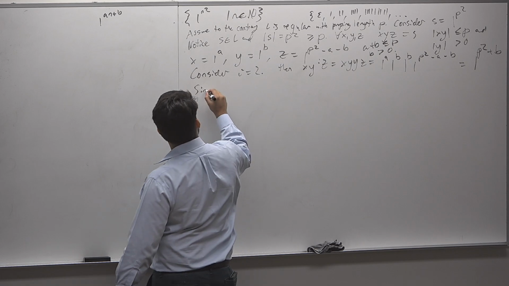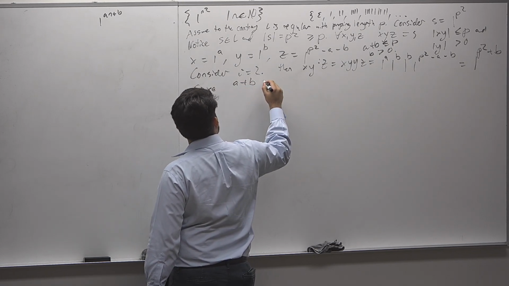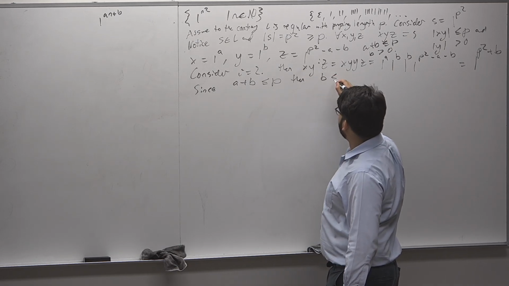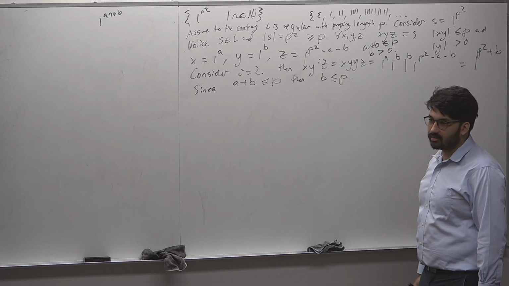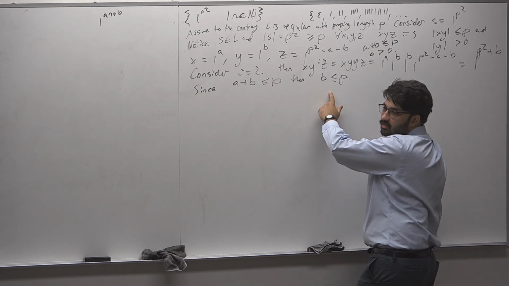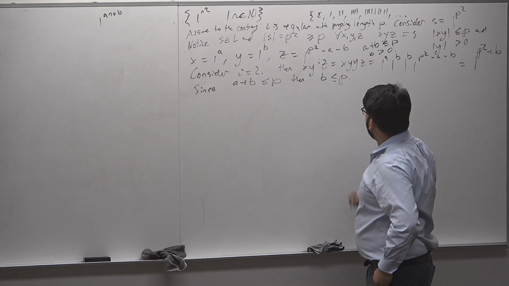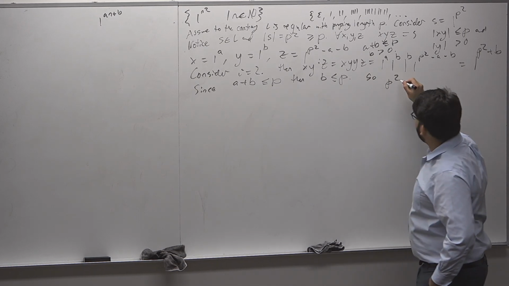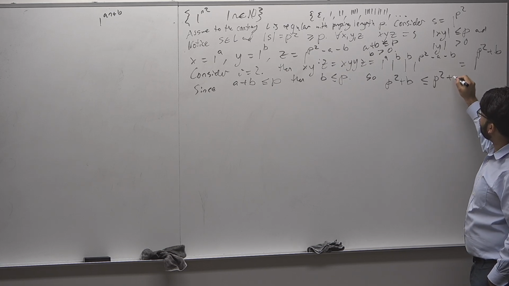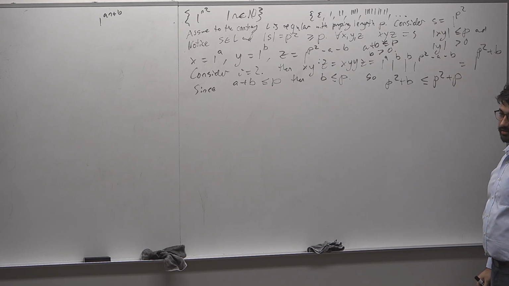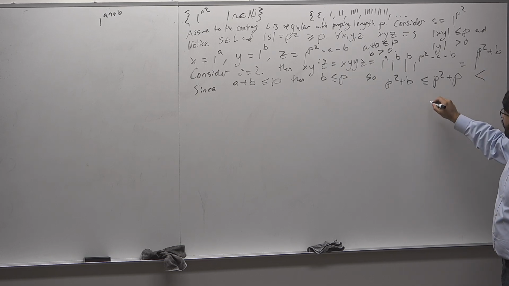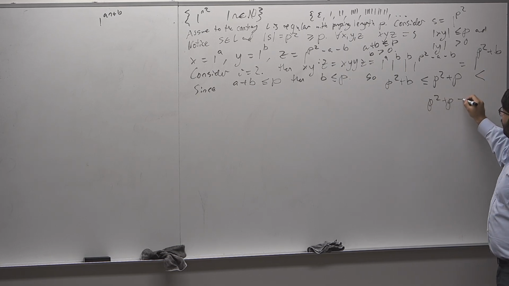Since a plus b is less than or equal to P, then we know that b is less than or equal to P. These are all lengths of strings. So if the sum of these two things is less than this, then each of the parts must also be less than this. So P squared plus b must be less than or equal to P squared plus P, right? Now, P squared plus P is less than or equal to P squared plus P plus P plus 1.